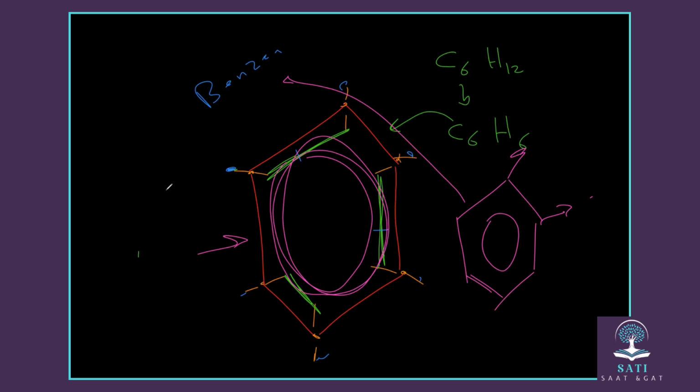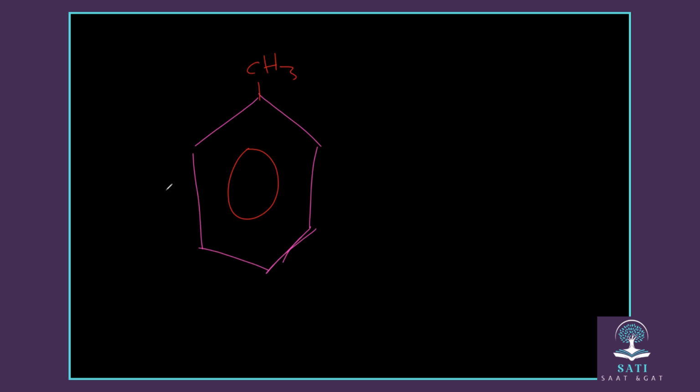Good. Now how can we name these aromatic compounds? If I have now, as you see, this one is the main one here, and it has 6 carbon atoms, and inside it a circle. Now, if I add here CH3, what will this be called? We go to the main one.